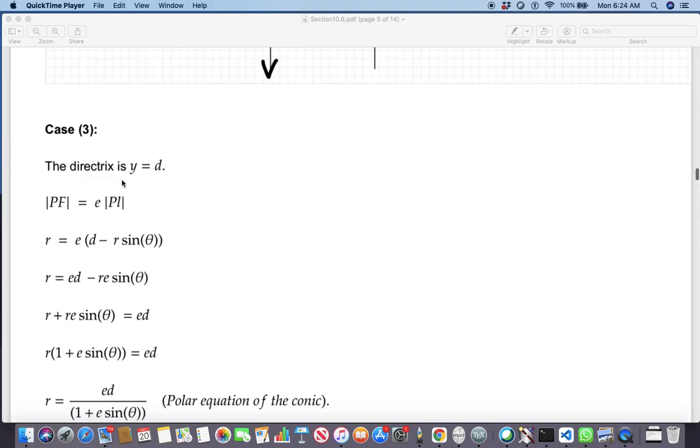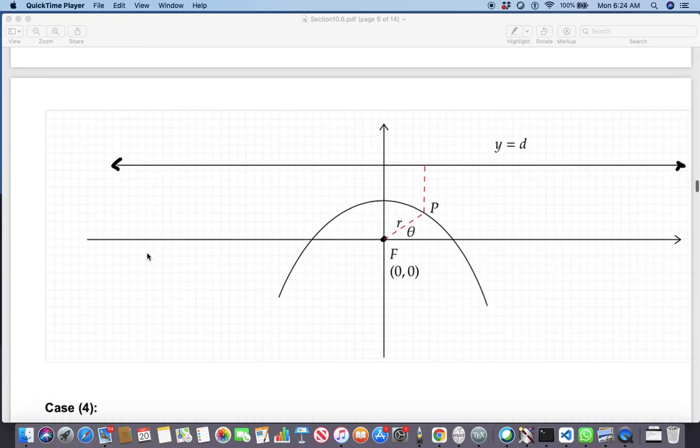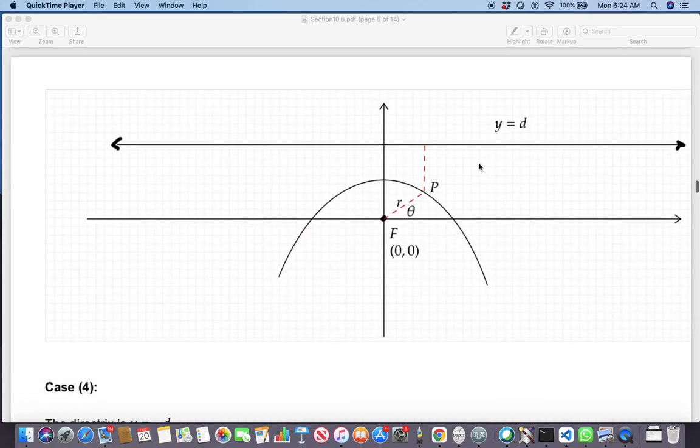Case 3, the directrix is y equals d. Your situation is similar, but instead of x coordinate, you have y coordinate here. So d positive, you have a line over, and that's your curve below.